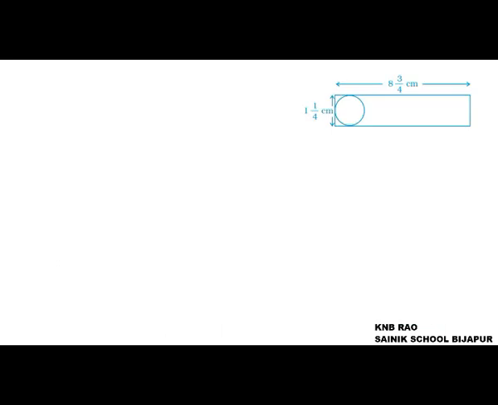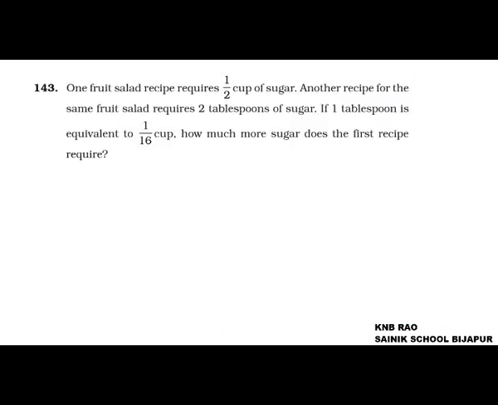Coming to the 143rd question. In the 143rd question, one fruit salad recipe requires half a cup of sugar. Another recipe for the same fruit salad requires only 2 tablespoons of sugar.